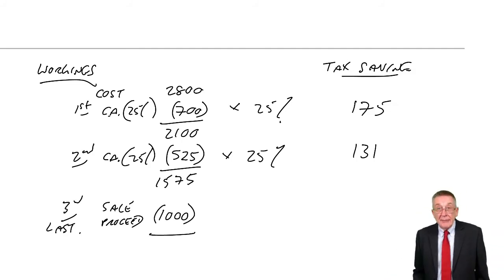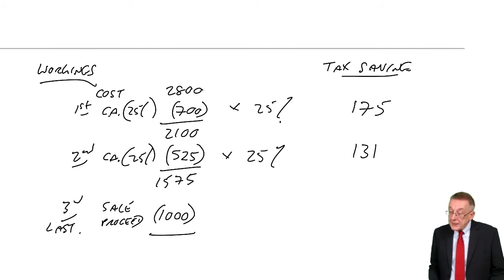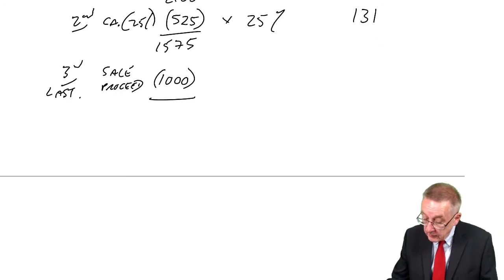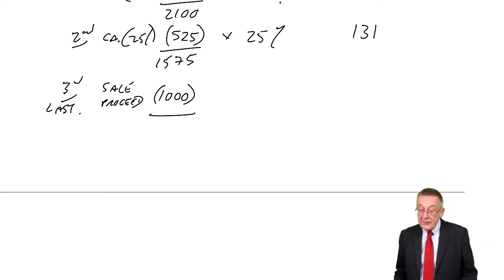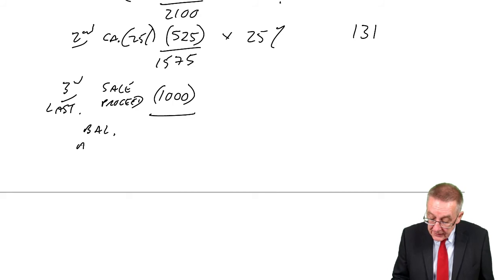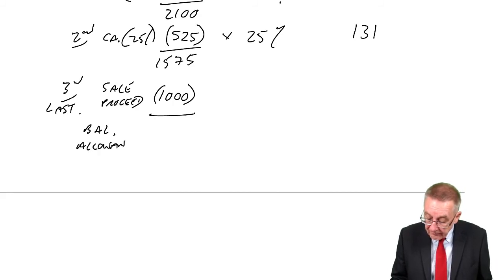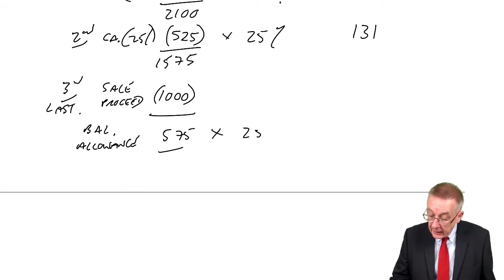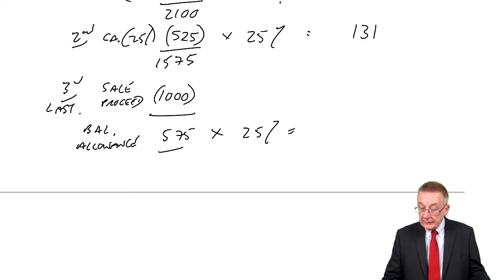And whatever's left is a balancing allowance or a balancing charge. Well, this time the sale proceeds are less than the tax value, so there's a balancing allowance. There's an extra allowance of the remaining 575, and so a tax saving on it at 25%.